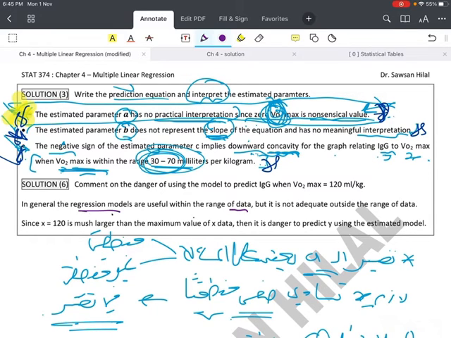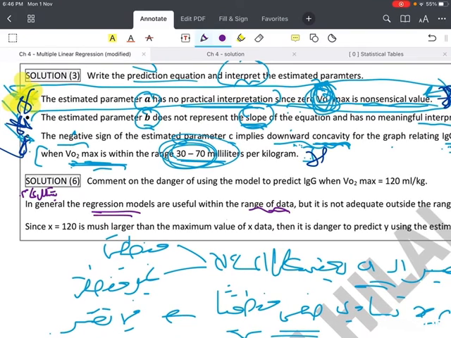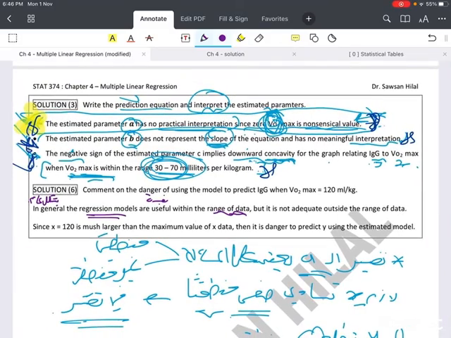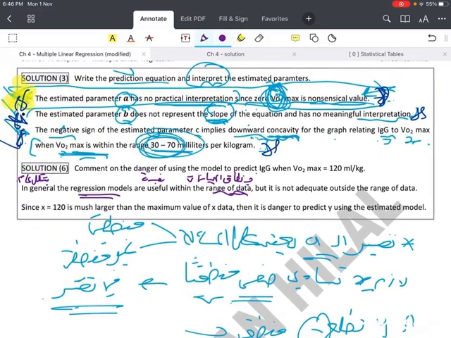We use the regression model within the range of the data, but it is not adequate outside the range of data.